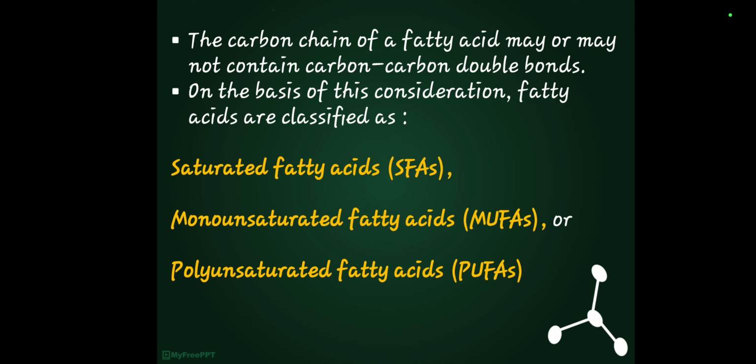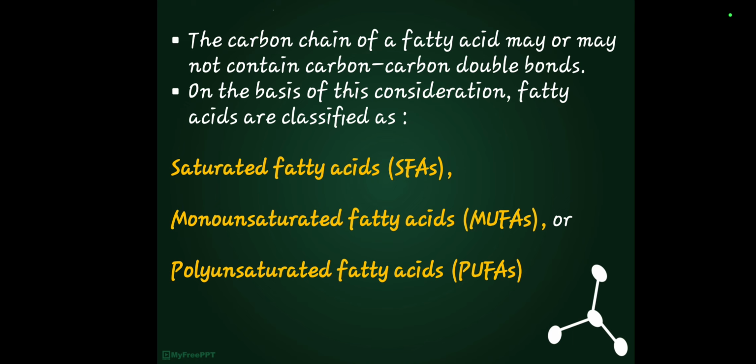We have saturated fatty acid, abbreviated SFAs. We also have monounsaturated fatty acid, abbreviated MUFAs, and the last one is polyunsaturated fatty acid, abbreviated PUFAs. So that explains how we consider the structural form of fatty acid.